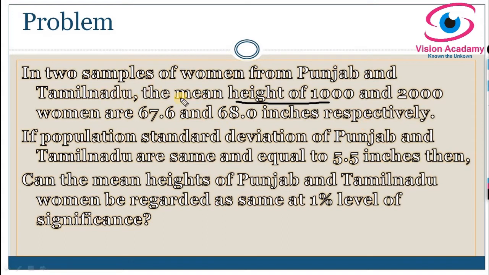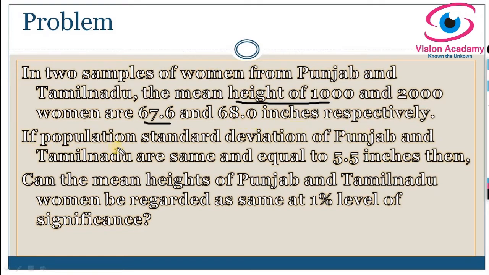So we have two samples of women taken from Punjab and Tamil Nadu, with their associated mean heights. From Punjab, the mean height of women is 67.6 and for Tamil Nadu, the mean height of women is 68 inches respectively.